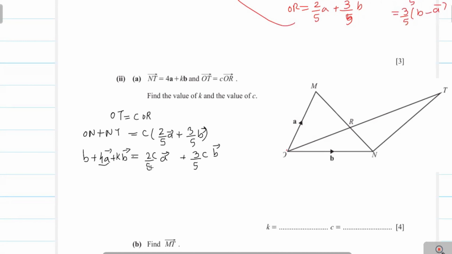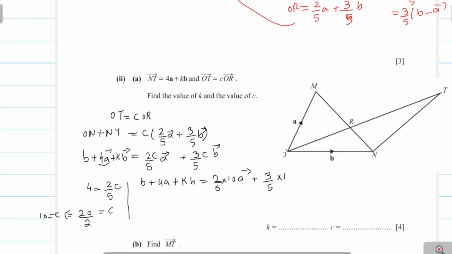Both vectors are equal, we compare. Therefore, we can write 4 equal to 2 over 5 c, and therefore c will be equal to 5 times 4 is 20, 20 over 2, c is equal to 10. b plus 4a plus kb equal to 2 over 5 into 10a plus 3 over 5 into 10b. We can write it as 4a plus 6b equal to 4a plus 1 plus kb.